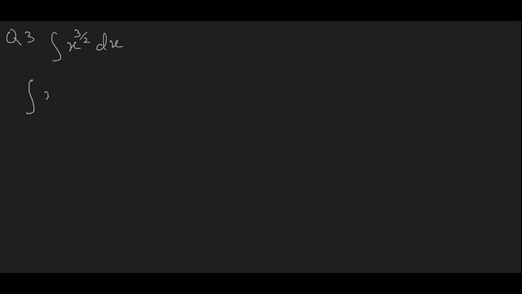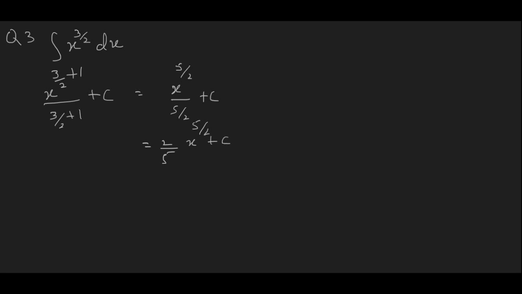We have to integrate, so 3 by 2 plus 1 gives us x raised to power 5 by 2 over 5 by 2 plus c, and 2 by 5 x raised to power 5 by 2 plus c is the answer.